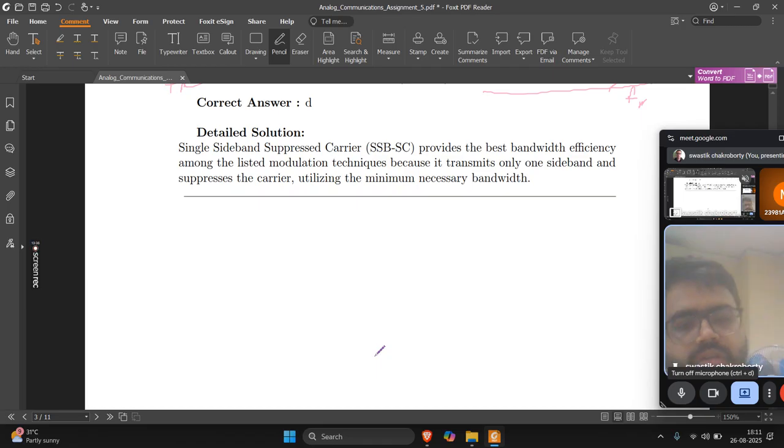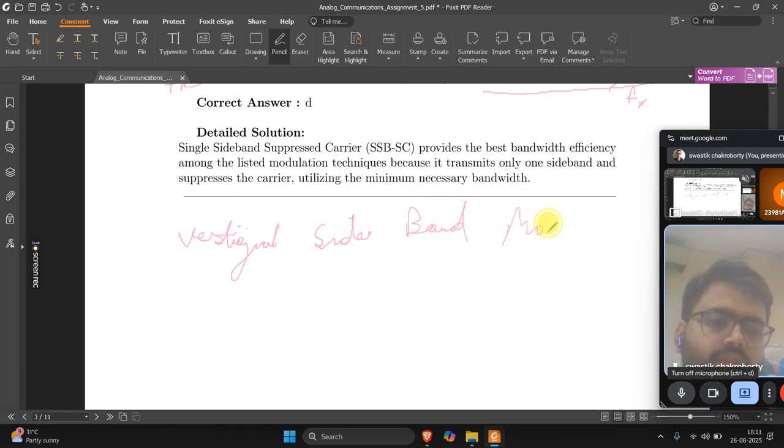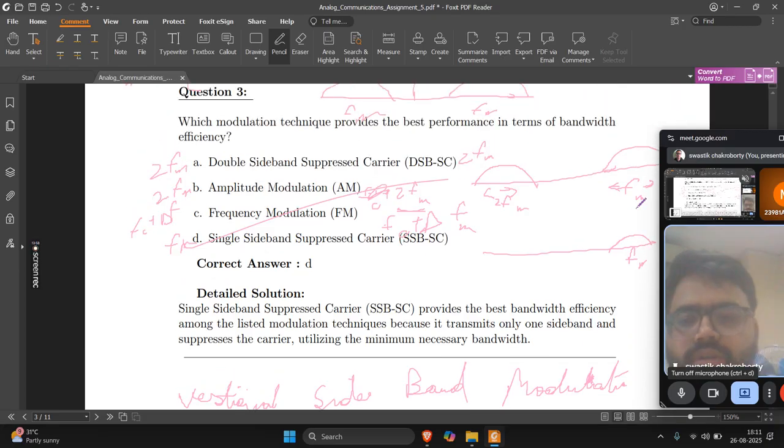And then there is something called vestigial sideband modulation, or VSB. By the way, another way of writing AM is DSB-FC, double sideband full carrier.